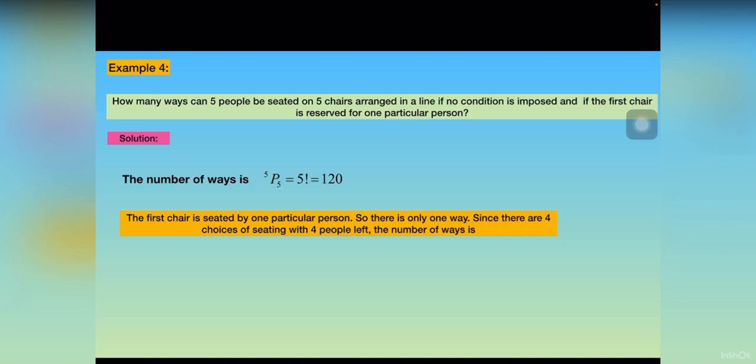Since there are 4 choices of sitting with 4 people left, the number of ways is 1, for the first chair seated by one particular person, times the 4 people left, 4P4. So 1 times 4 factorial equals 24.